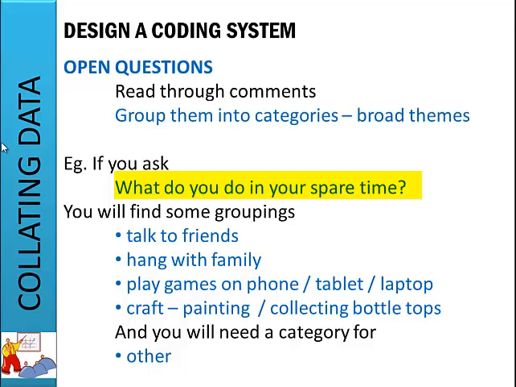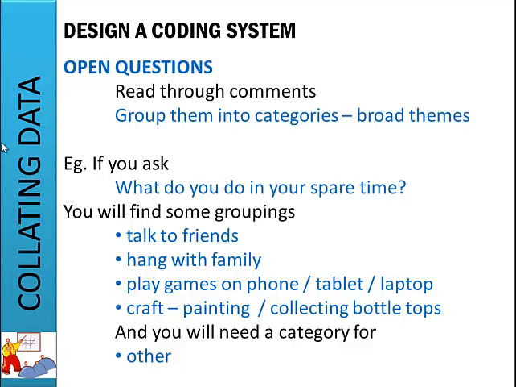And we could expect a few groupings, like talk to friends, hang with family, play games on phone, tablet, laptop, craft, maybe they paint or collect bottle tops or stamps. And probably there'll be a few that only one person chooses, so those we could put in a category of other. So to some extent we can turn open questions into numbers, but with some open questions that's not possible, and we'll just need to record the information, and then we can bring that into our analysis later on.